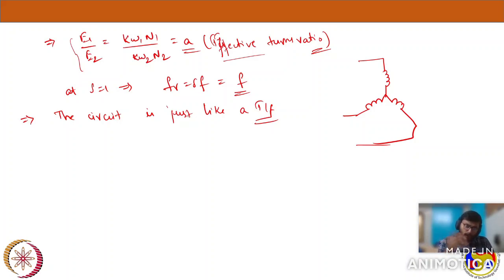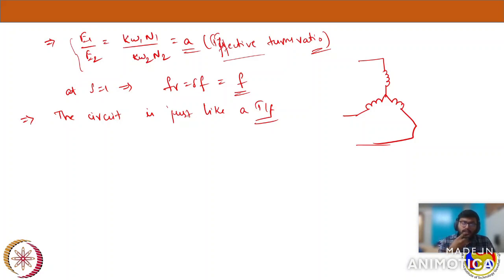Those two will be R1 and X1, and there will be a magnetizing branch in parallel, XM, that is much higher than the magnitudes of R1 and X1, because XM is a magnetizing branch, and the current flowing through it is the magnetizing current. The current required to magnetize the core is much more than the primary and secondary currents, so that's why the XM value is much higher.